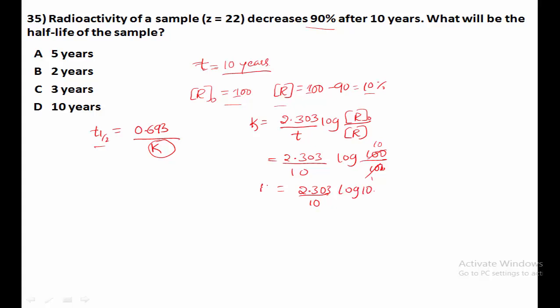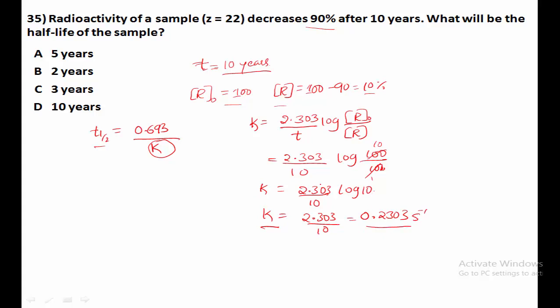What is the value of log 10? Log 10 is 1. Therefore k is equal to 2.303 divided by 10. How much does it become? 0.2303. Now you have the value of k.